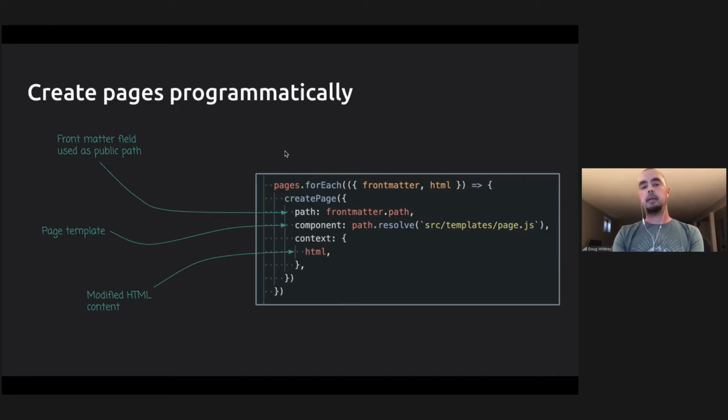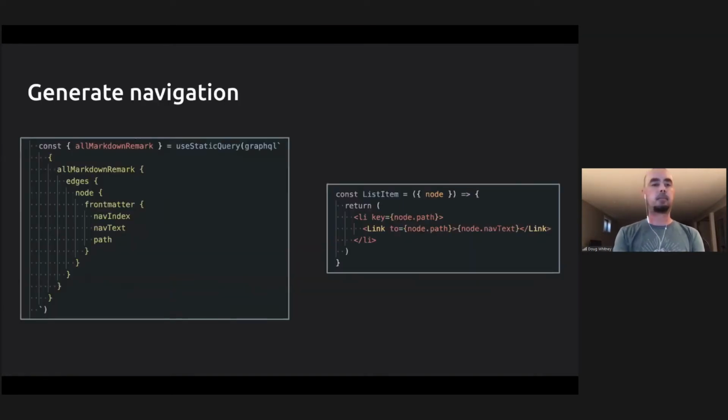So Gatsby also gives you some hooks where you can do things during the build process. And what we chose to do to this HTML being passed through context was run a bunch of mutations on the content to inject additional HTML in certain cases and just do additional things on the server side before we output the static HTML.